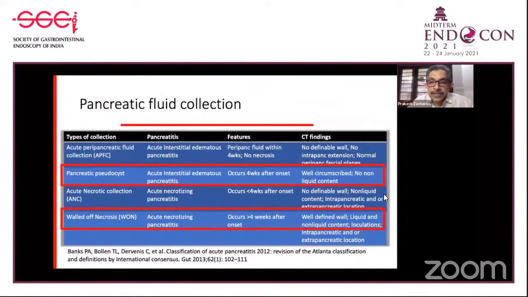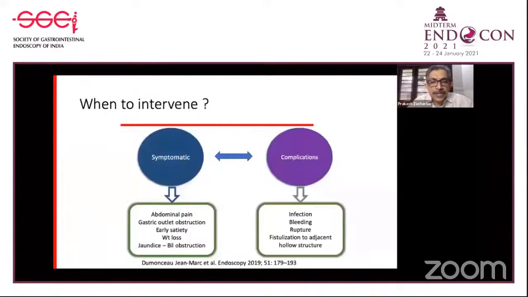In a pancreatic pseudocyst, there is no solid content. The walled off necrosis has liquid as well as non-liquid content and might contain loculations. So when should one intervene endoscopically?